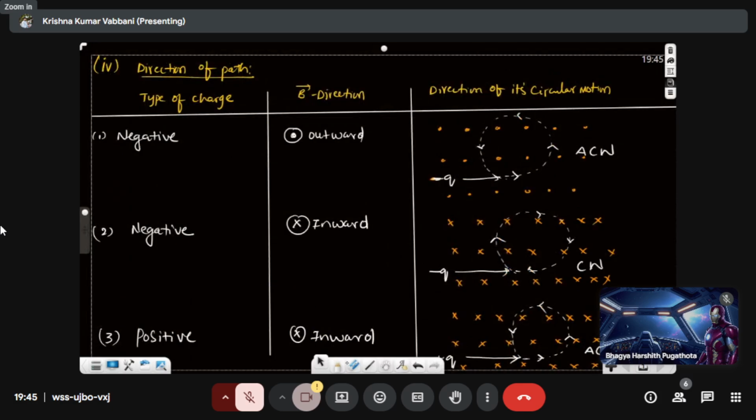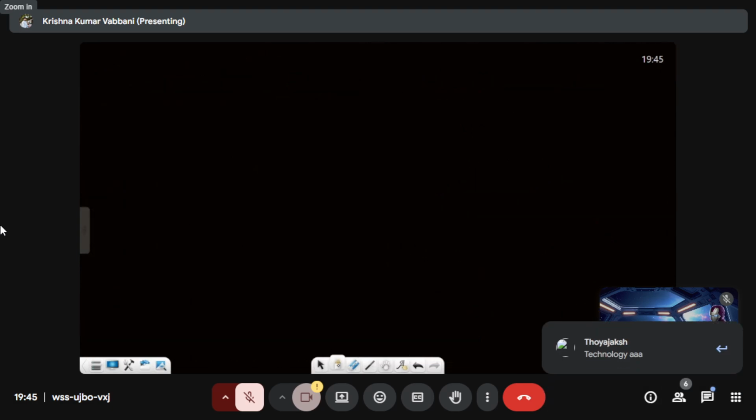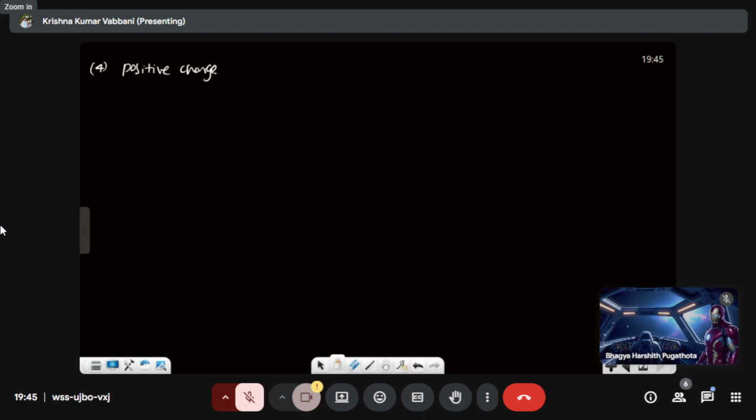Okay, I'm writing on the next page. Now take the fourth one. Again the positive charge, and now the magnetic field is in the outward direction. So the magnetic field is outward, that's why it is dots only.